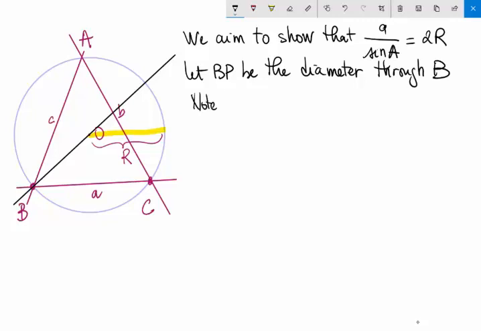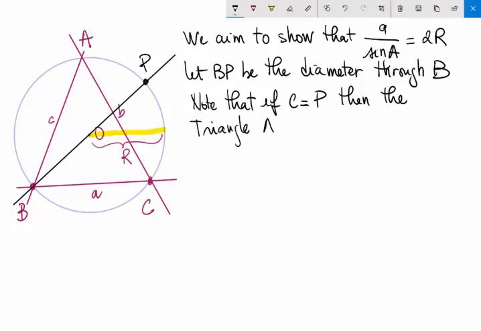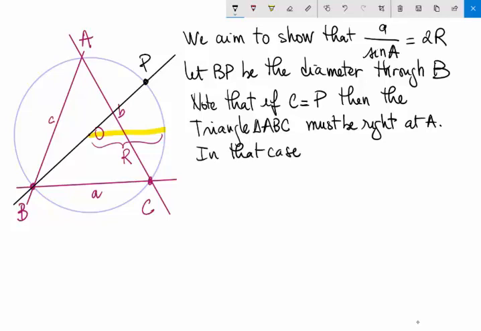Note that, let me call this point here P, note that if C is equal to P, then the triangle ABC must be right at A. Feel free to pause the video for a second to double check that this claim is indeed true, and in that case we must have that A will be equal to 90 degrees.